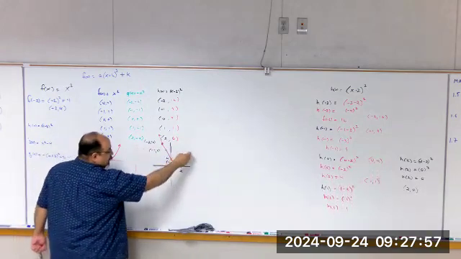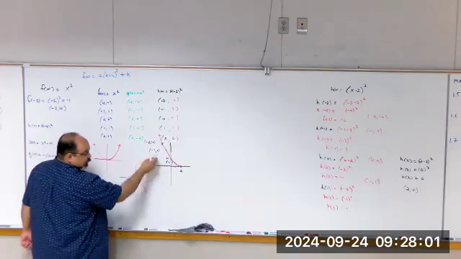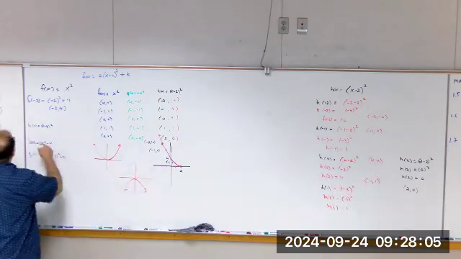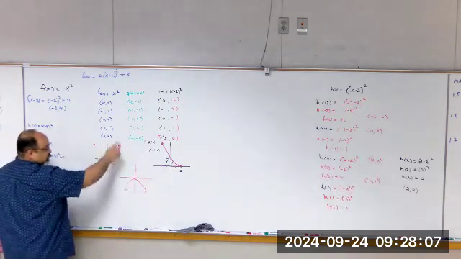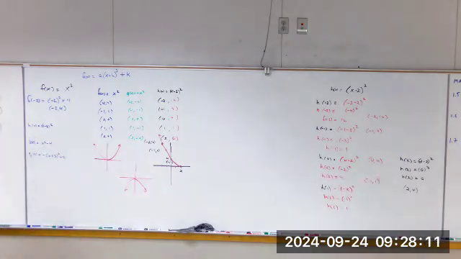Left, right, down? Well, the parent curve is always like this. So it's either going to go up or it's going to go down. We're not going to go sideways. Sideways is later. You have to switch the x and the y to go sideways. It would have to be y squared instead of x squared. So it can't go sideways yet.